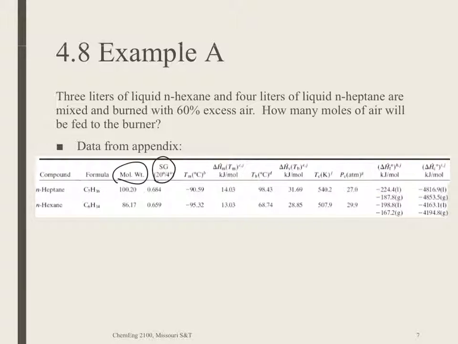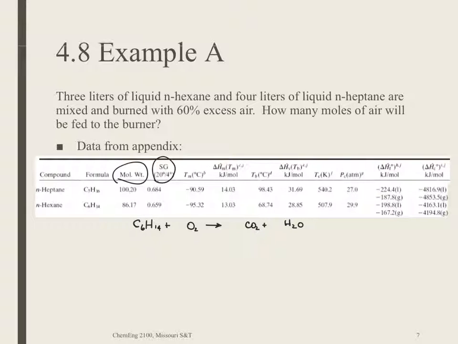We also are going to need to know the combustion reactions for these. So this is your first opportunity. You might try pausing this and seeing if you can write down the combustion reactions. C6H14 plus O2 makes CO2 plus H2O.